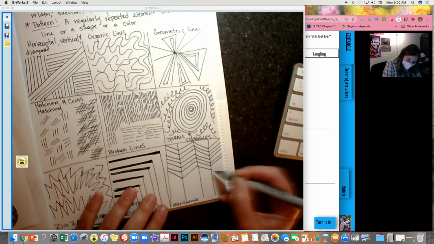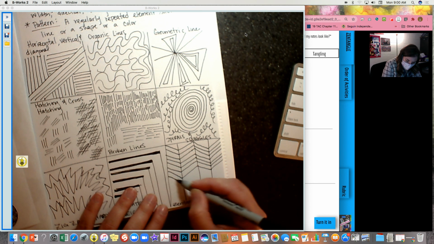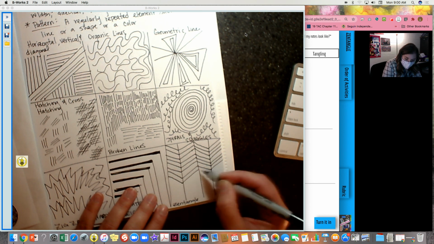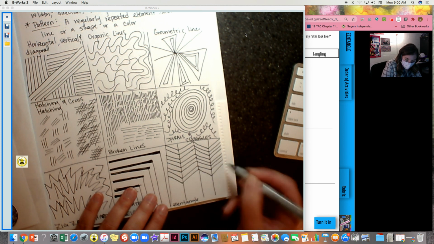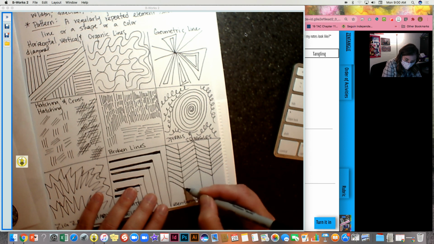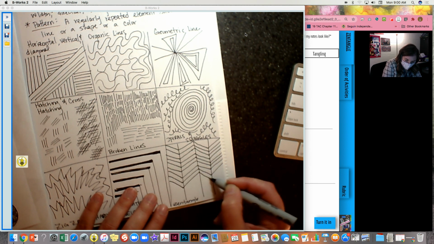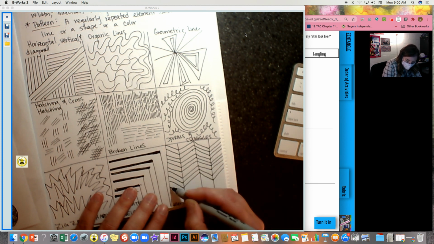And this is a process that does take some time. Craftsmanship is really, really important with the Zentangle project because of the complexity of the line. Craftsmanship is always really important.